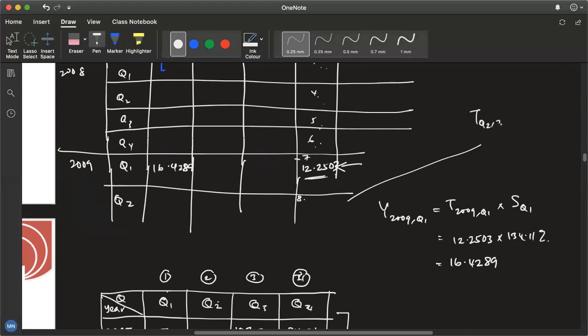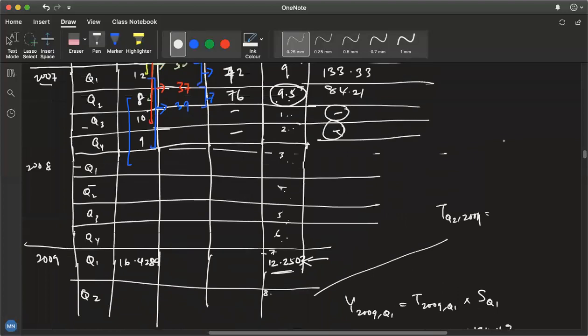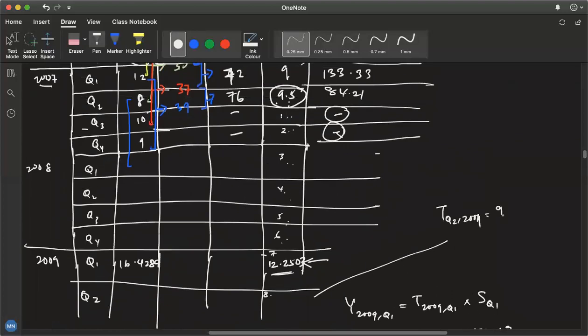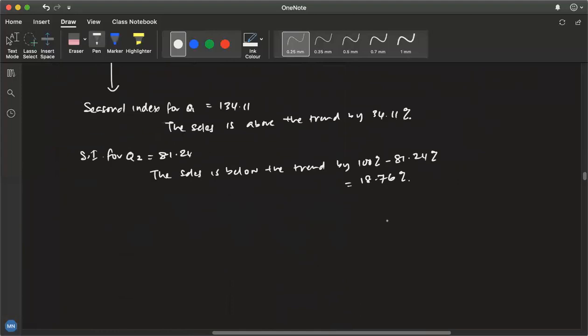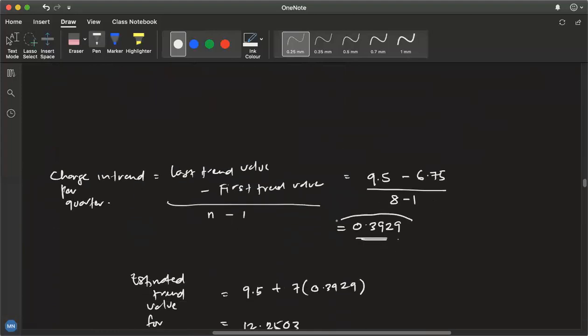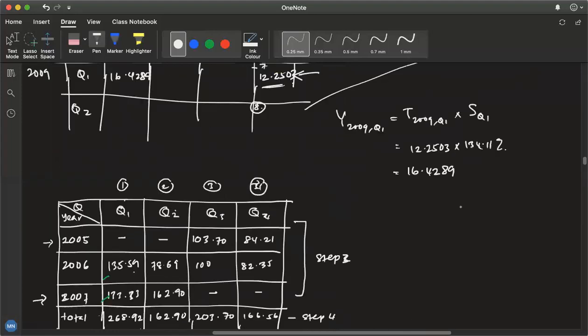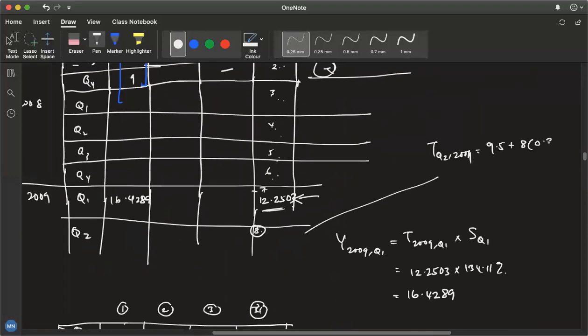The last trend value is 9.5 plus 8 steps multiplied by the change in trend, 0.3929. So this should be equal to 12.6432.